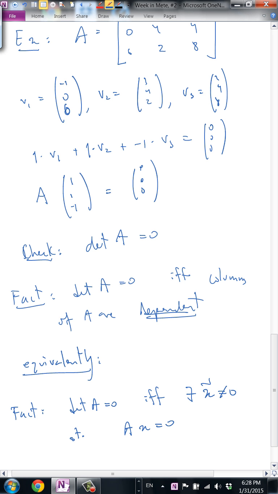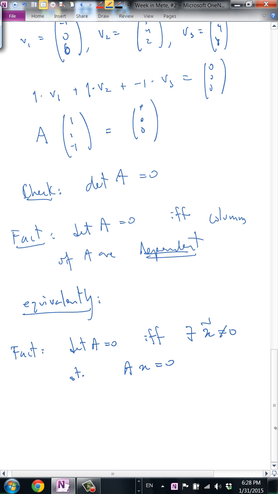Again, why are these equivalent? Because Ax represents a linear combination of the columns of A. And if the columns of A are dependent, then there exists a linear combination that makes them all 0. And conversely, if there's a linear combination that makes them 0, the columns must be dependent. And that's why these two things are equivalent.